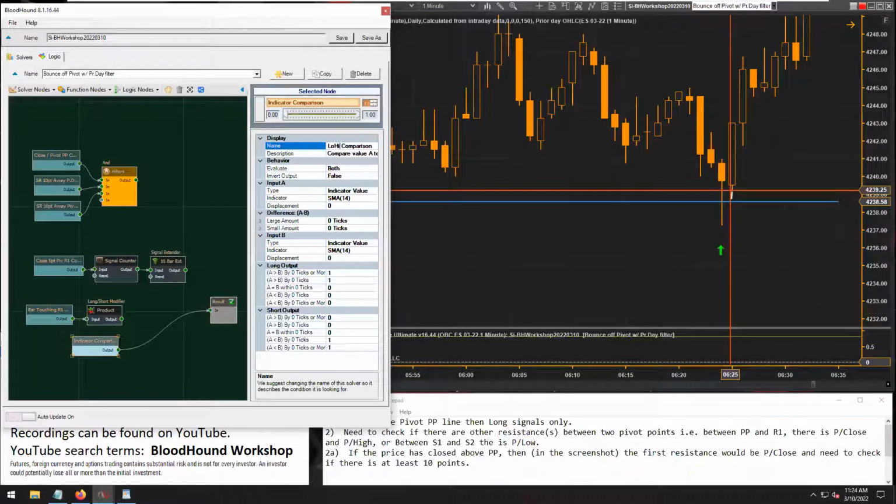And let's see, what do we actually have here? So less than a point. Yeah, less than a point. So I guess just to be more liberal, we'll require price to get within 1 point.